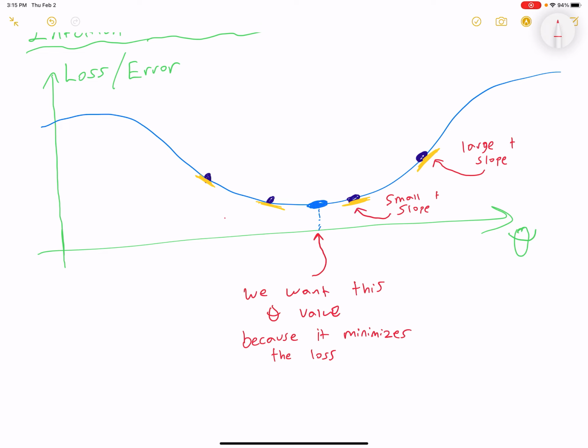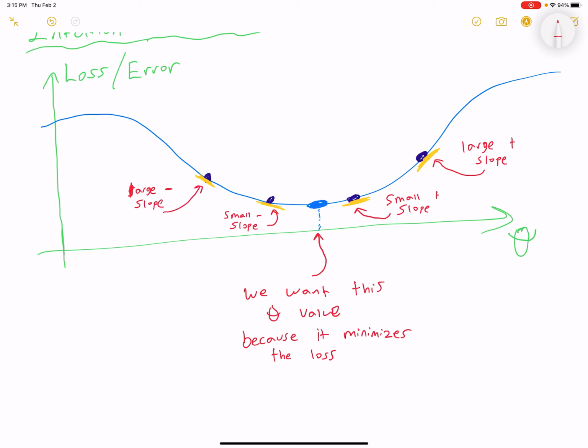Here we have a small negative slope, and here we have a large negative slope.